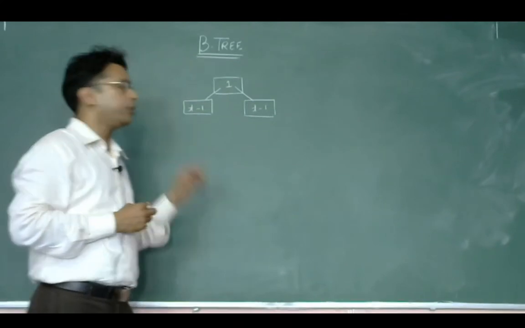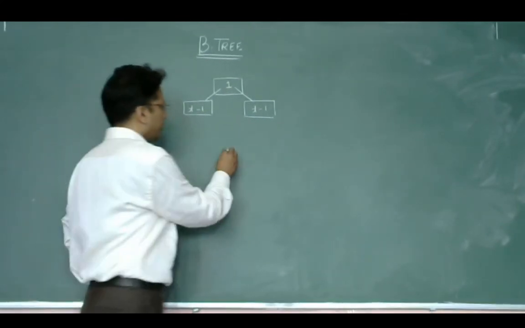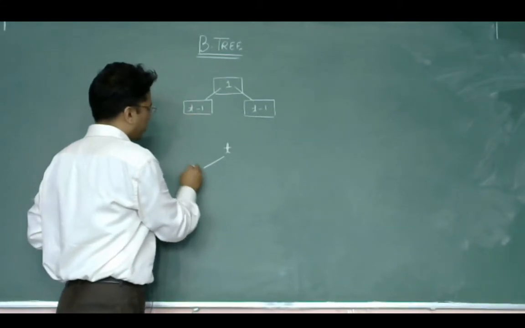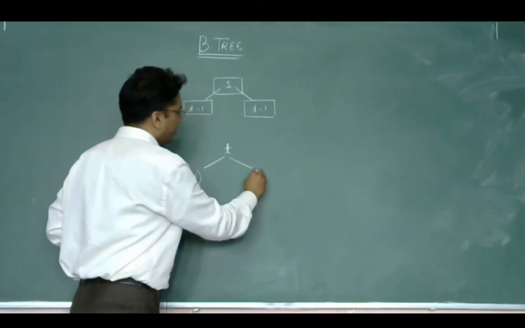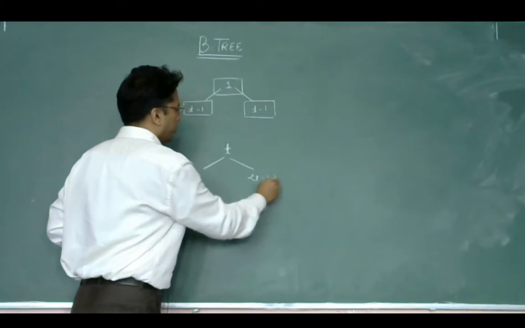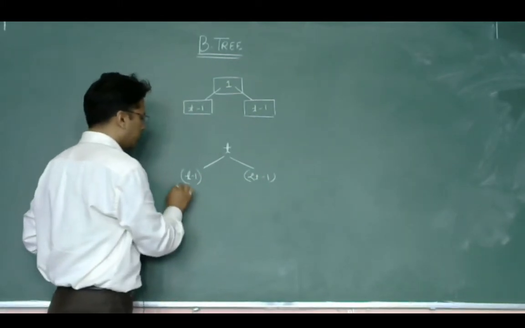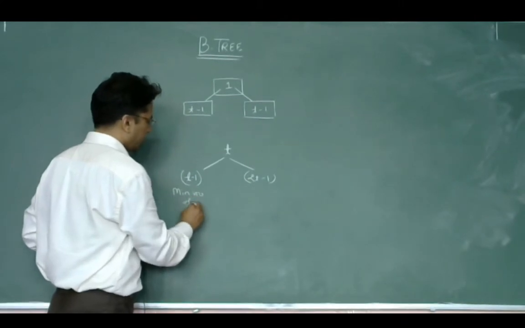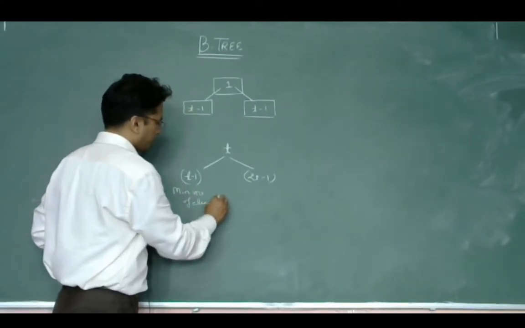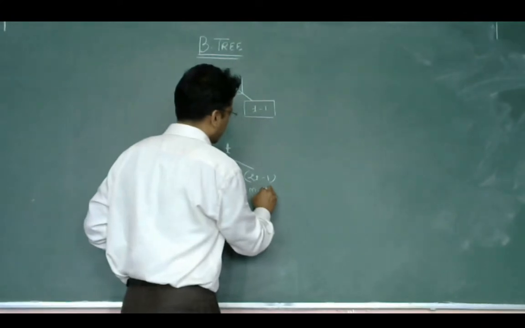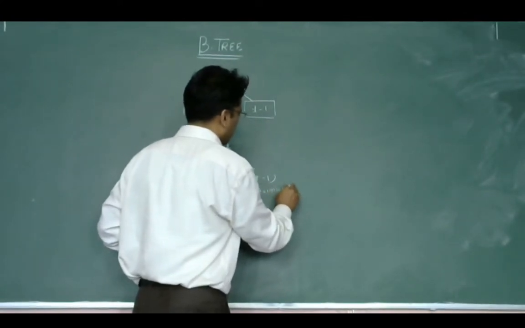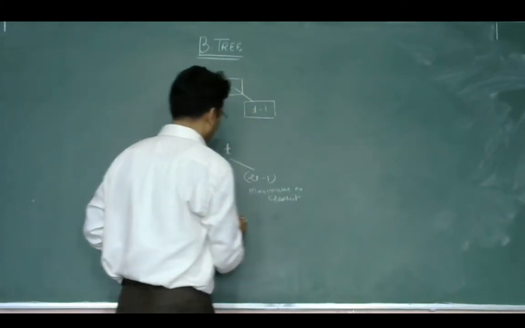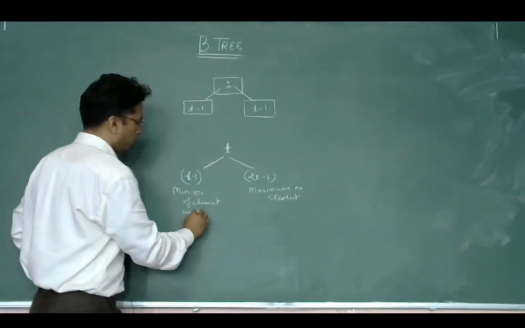For example, if the degree is equal to t, then it can have t minus 1 as the minimum number of elements, and 2t minus 1 as the maximum number of elements in the node.